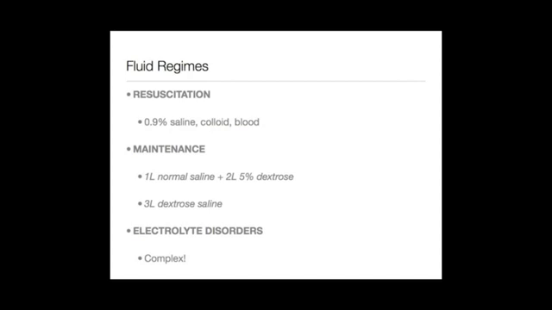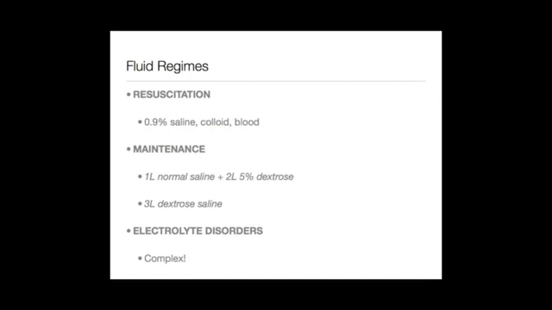In terms of resuscitation, it's a little bit more complicated. In the situation where you think a patient might be hypovolemic, so perhaps they're septic, tachycardic, maybe the blood pressure is a little bit low, they're going to need resuscitation. And of course, they have a deficit which you need to fill. Now, the way that you usually do this is by giving what we call a fluid challenge.